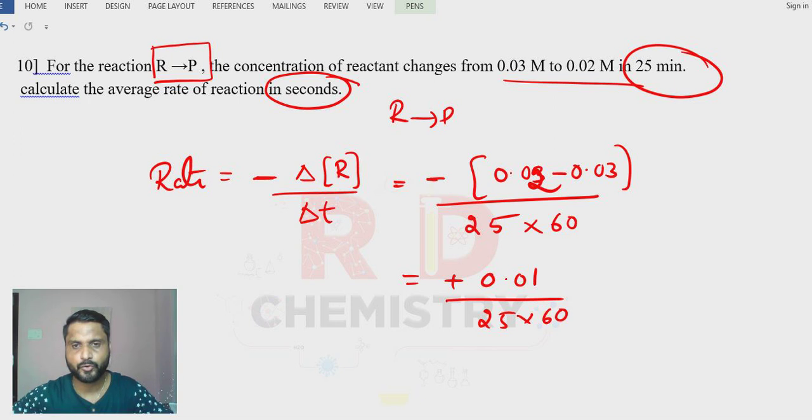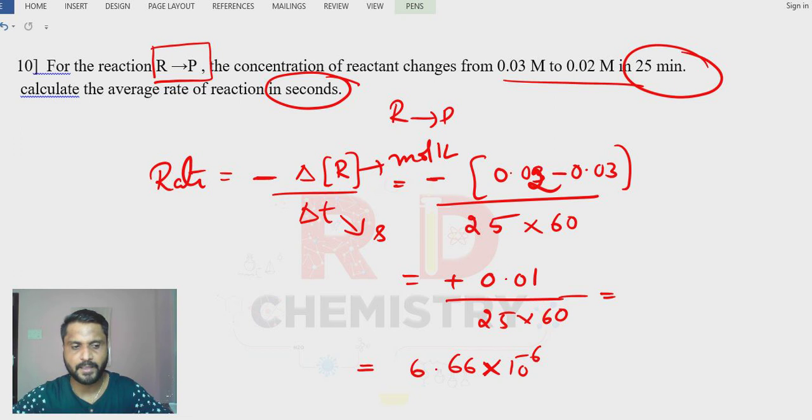The concentration is in mole per liter, and now the time is in seconds. So the final answer is 6.66 into 10 power minus 6. I've written it in scientific notation.